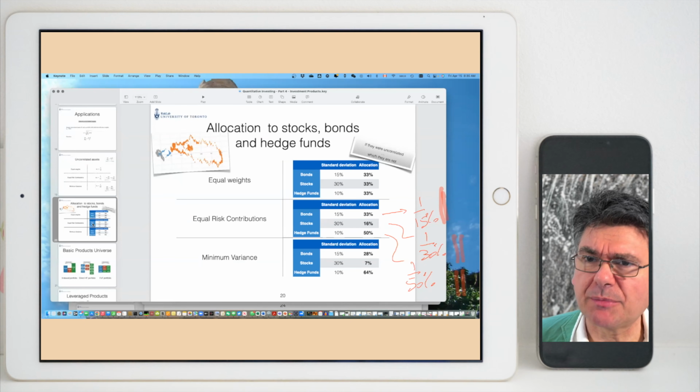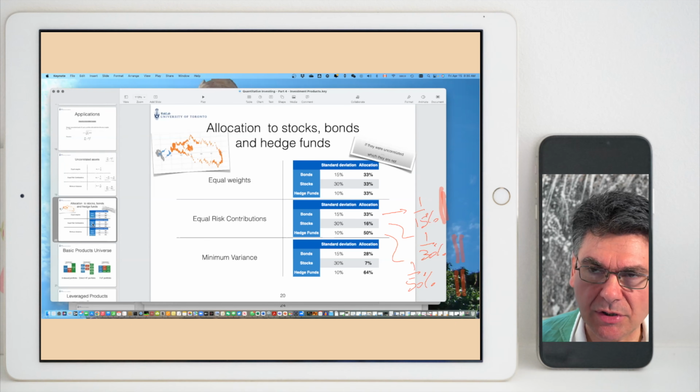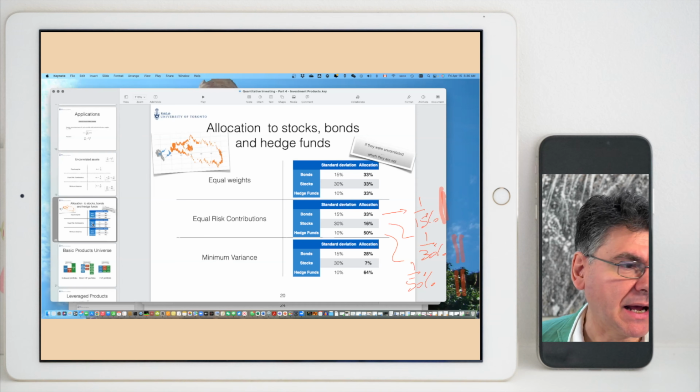So this is something that you can do. In the case of zero correlation, again, if this assignment is too difficult for you, then assign zero correlation and then you can get it easy, like I did here. But I prefer that you do it with the actual correlation. It's a bit more challenging, but I will explain how you do that.